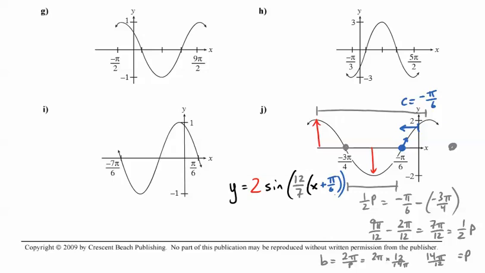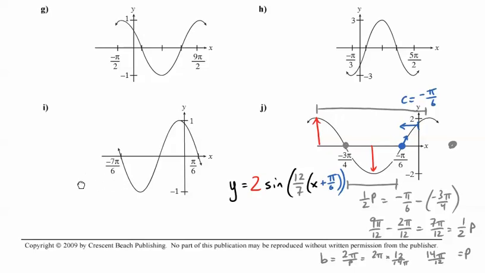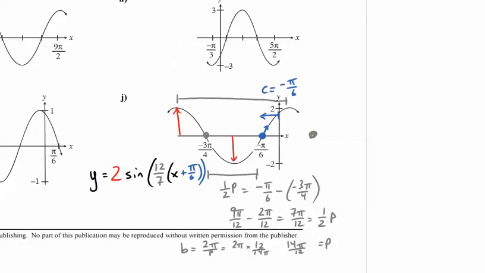So I kind of have to extrapolate and realize that this graph is going to continue, and that there's going to be another c value way over here that's positive. So you can have lots of different answers for c that'll give you the same graph.